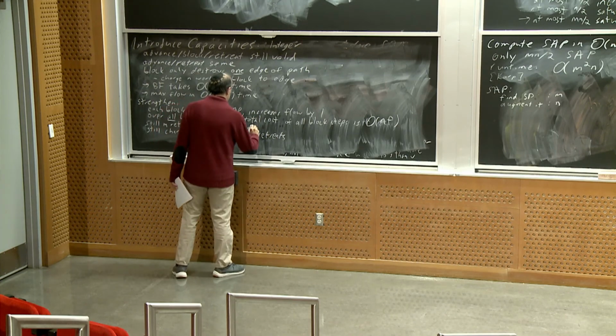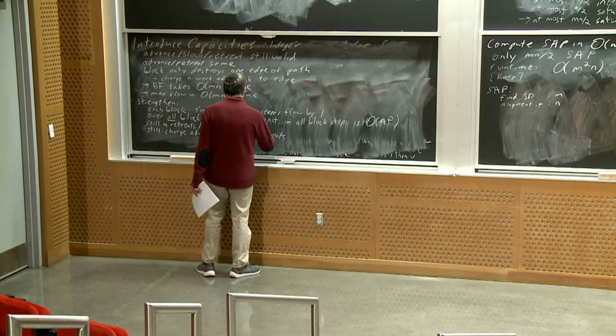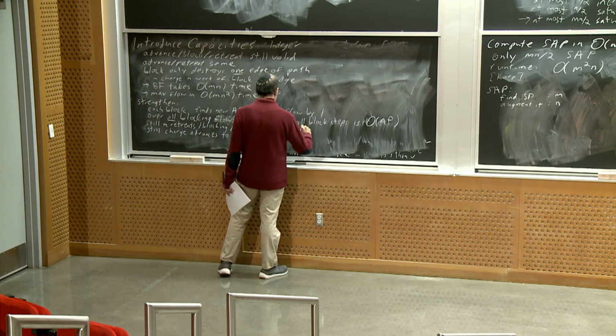So if there are m retreats per blocking phase, then that work is order mn over all the blocking phases.